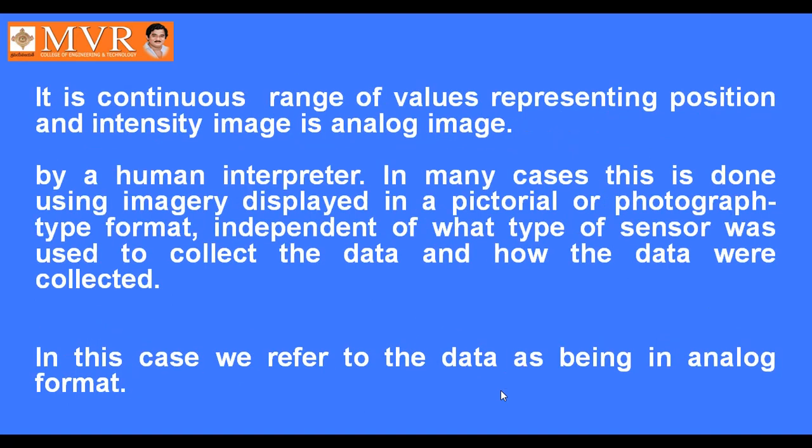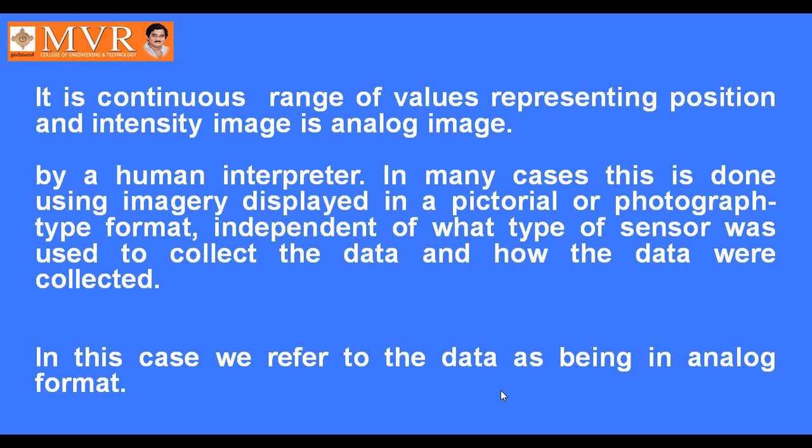An analog image is a continuous range of values representing position and intensity. I already explained to you: continuous range of values, not a single value. It continuously gives the values in an analog image to the human interpreter.